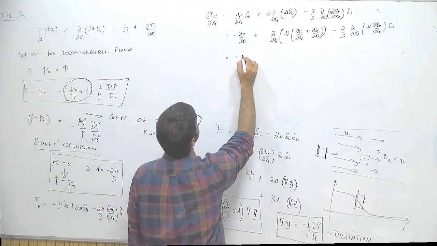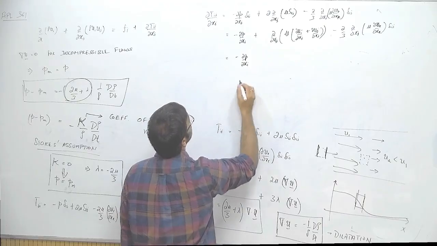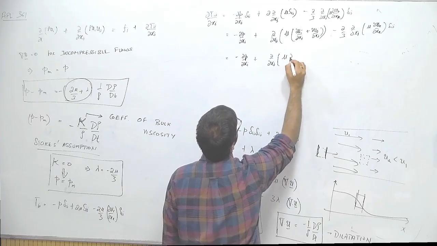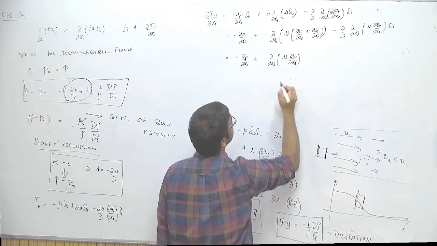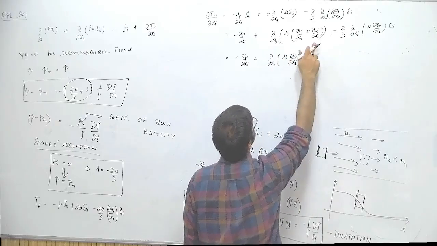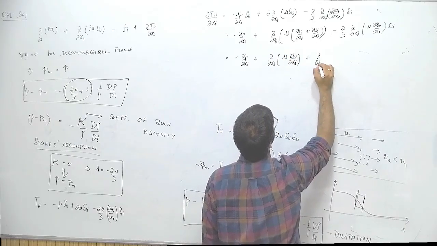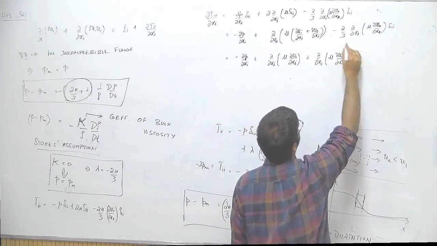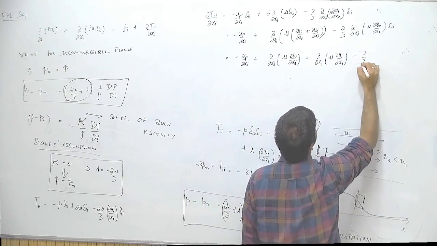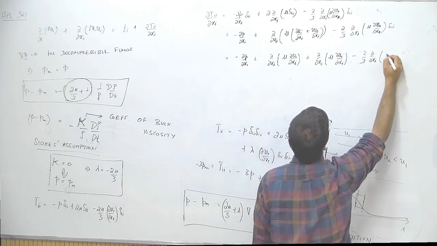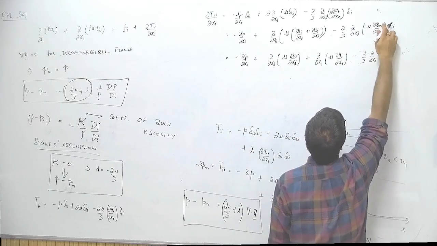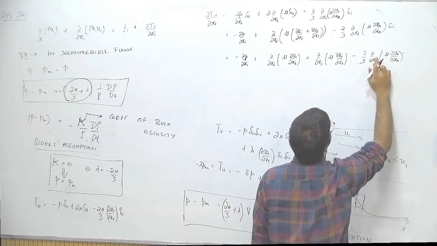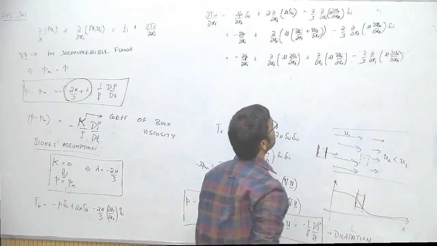So this becomes minus del P over del Xi plus del by del Xj mu del Ui over del Xj. Now look at it carefully. This is plus del by del Xj mu del Uj over del Xi, and here we have minus 2 by 3 del by del Xj mu del Uk by del Xk. So this is basically del by del Xi because there is a delta ij here.